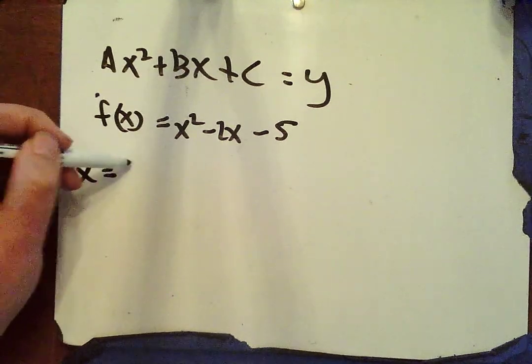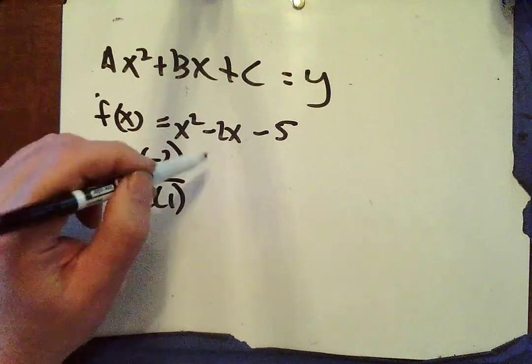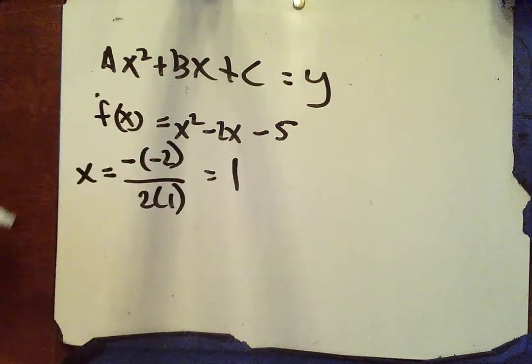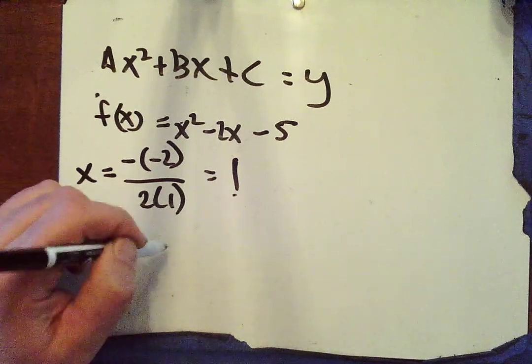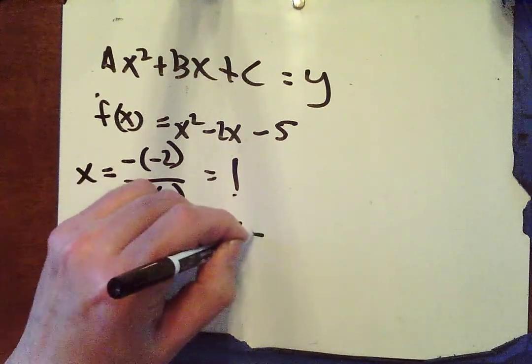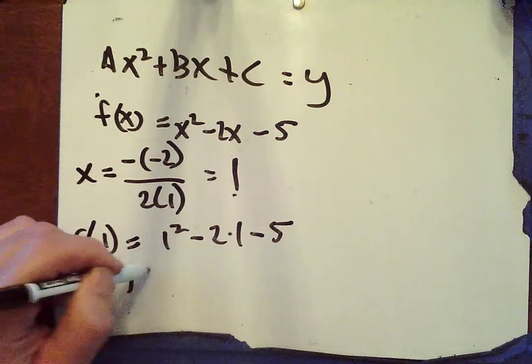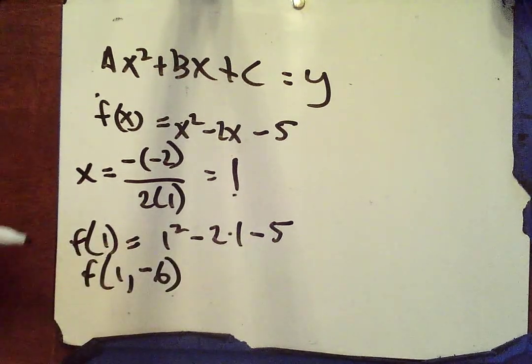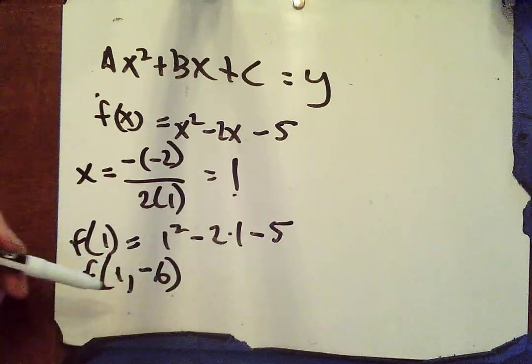So, x equals negative b over 2a. And so I get 1. If I take that 1 and plug it into my function, f of 1 is going to be 1 squared minus 2 times 1 minus 5. And so f of 1 is negative 6. So my vertex is 1, negative 6.